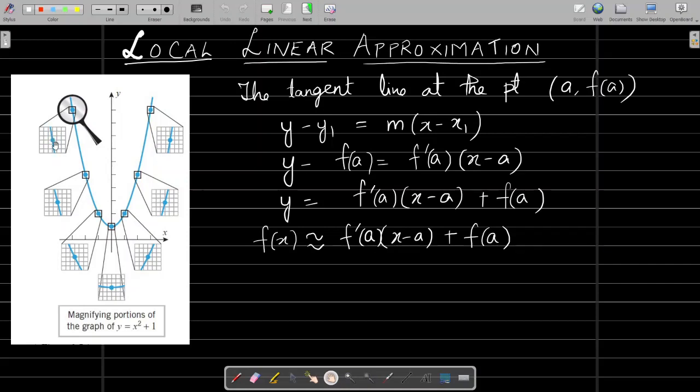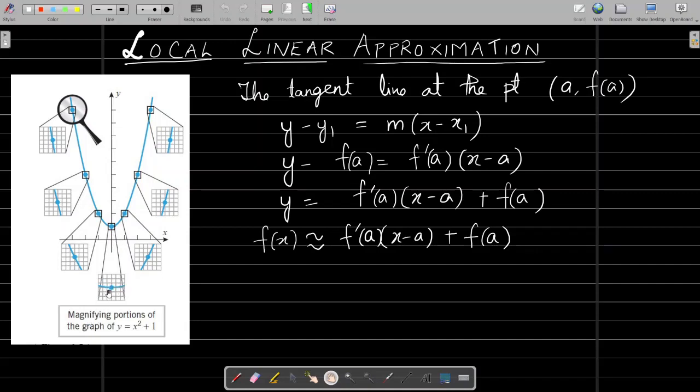This property is there for any point on this curve y equal to x square plus 1 because it is continuous. You can look at this point here. If I zoom that point again, it looks almost like a straight line. So all these points you can see, even at this point where it is having a bend, if you zoom in quite enough, it will look like a straight line.